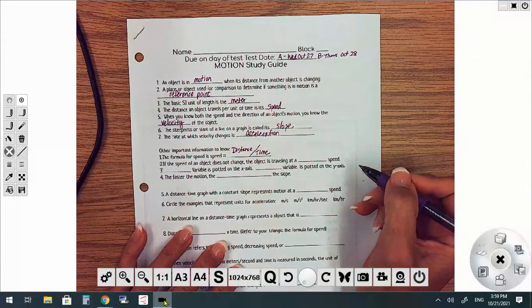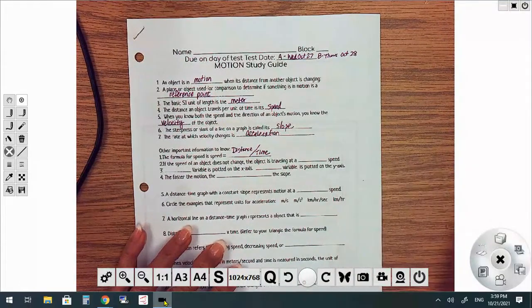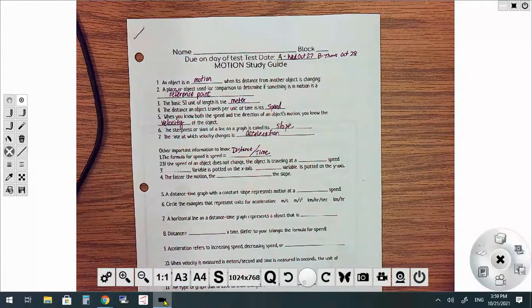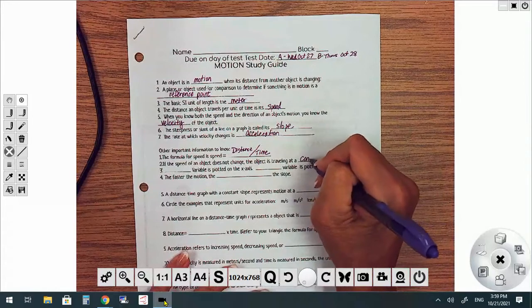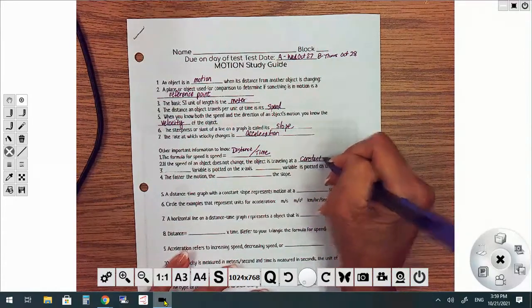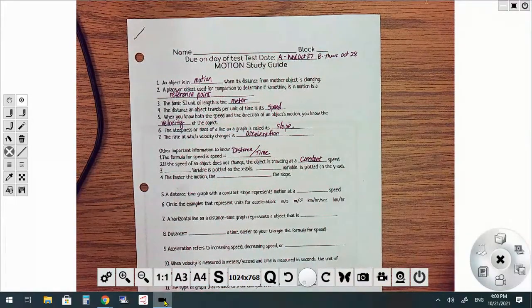Number 2, if the speed of an object does not change, the object is traveling at a blank speed. Constant. Number 3, what type of variable is plotted on the x-axis?